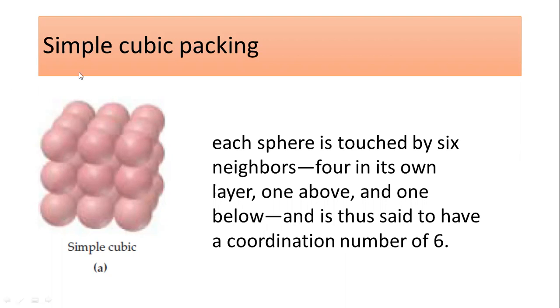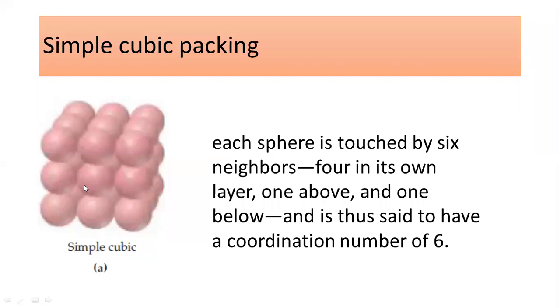And how? One is for its own layer. That means this atom is touched with this atom, this is one, this is second, this is third, and this is fourth. So this atom is touched with four spheres at its surface, and one would be above and one would be below.